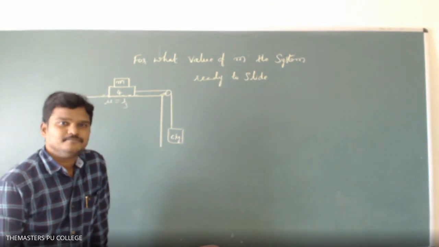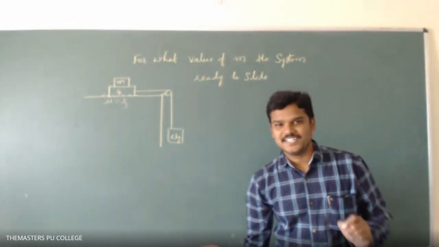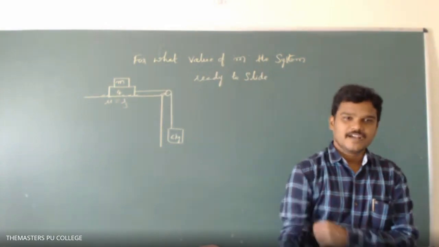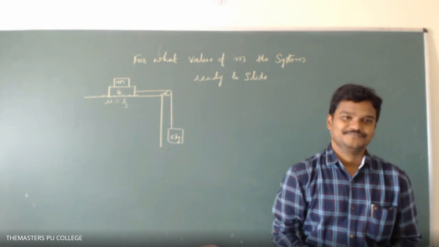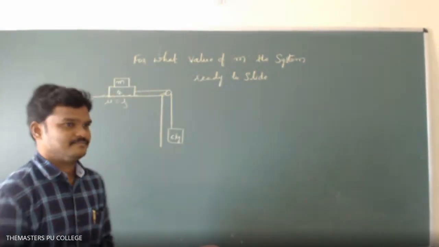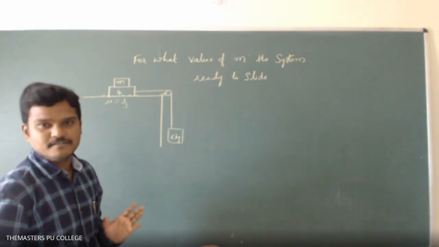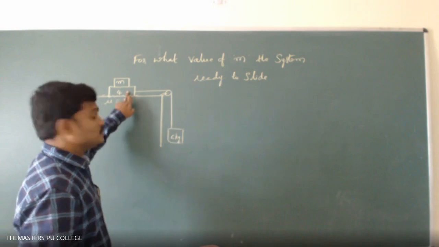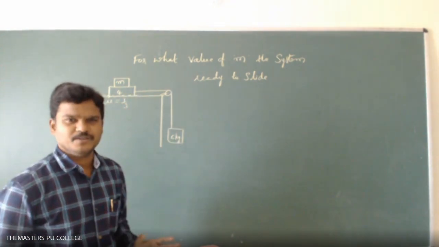Draw the diagram. How much mass do you have to place on the 4 kg block so that the system is ready to move? The coefficient of friction between the block system and the surface is 1/3.